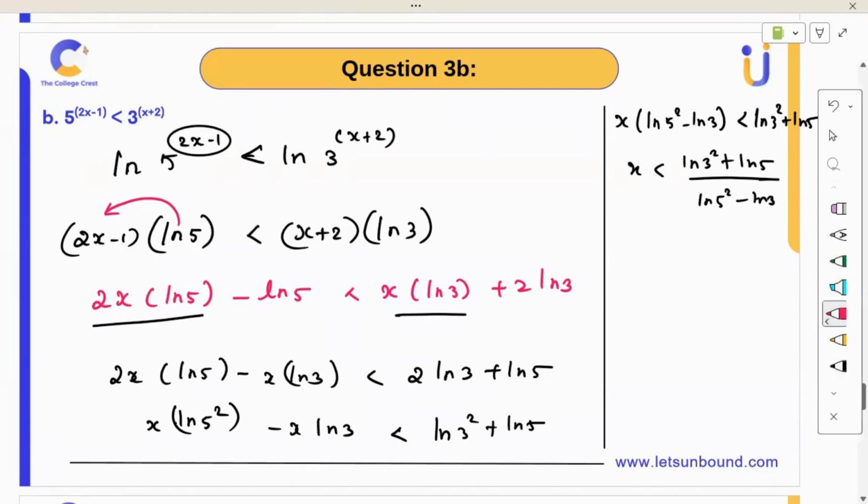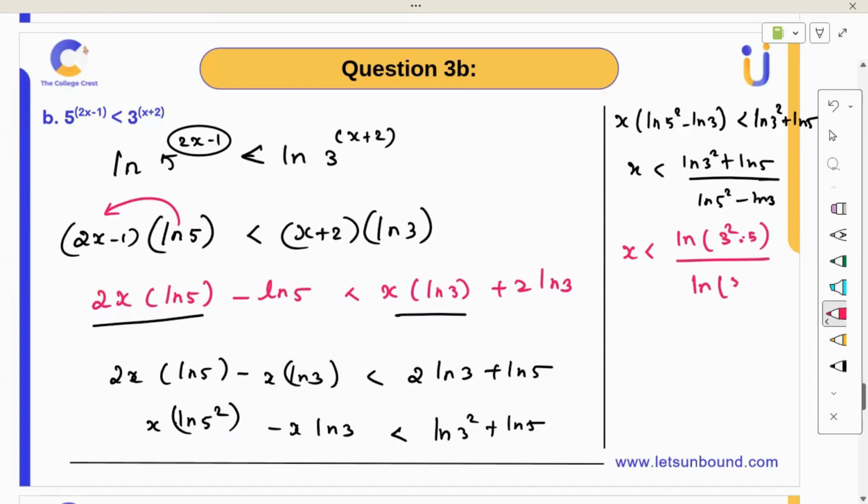So if it's an exact form, you can leave it, or we can apply a calculator. But we can simplify it furthermore. Ln of 3 squared times 5, because the numerator is expanded log in addition. So 3 squared times 5. The denominator is expanded log in subtraction.